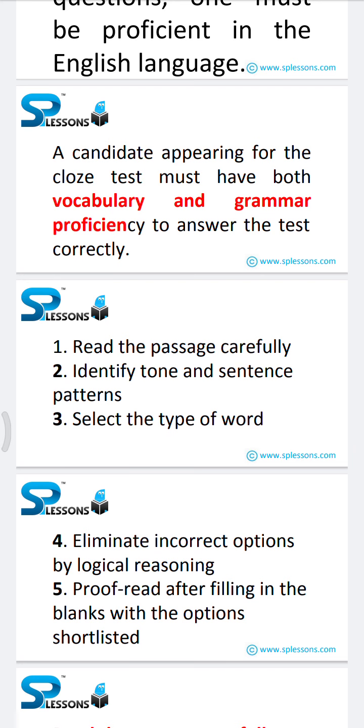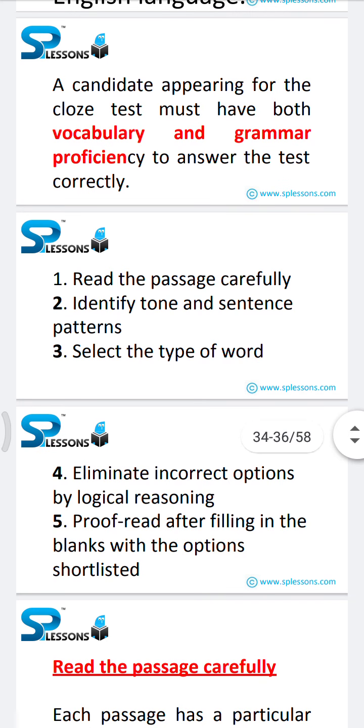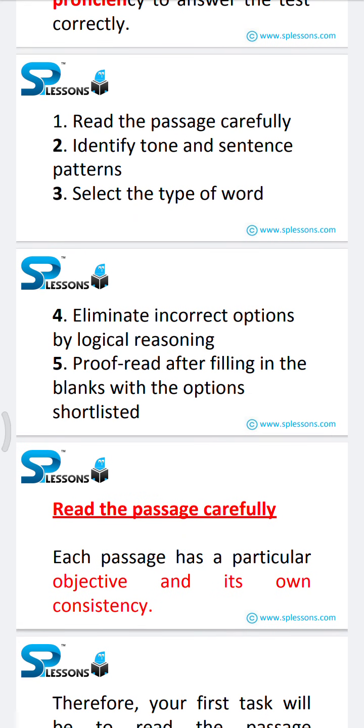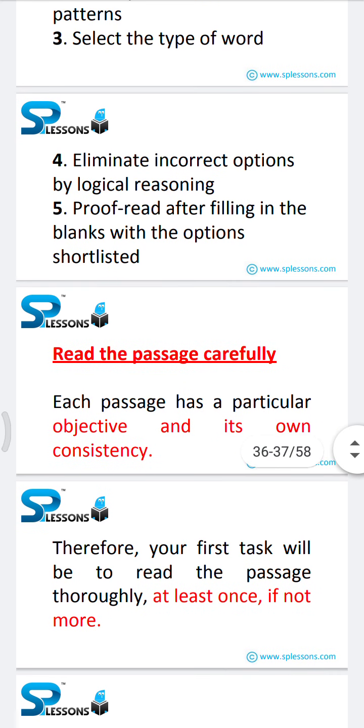Select the type of word. Eliminate incorrect options by logical reasoning. Proofread after filling in the blanks with the shortlisted options. Let's check the tips one by one. Now I'm going to explain each of the above tips in brief. The first one is: read the passage carefully.